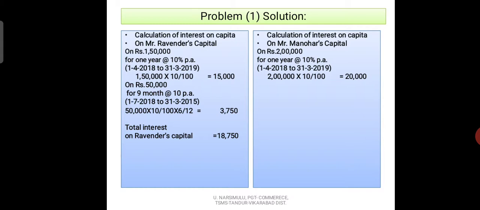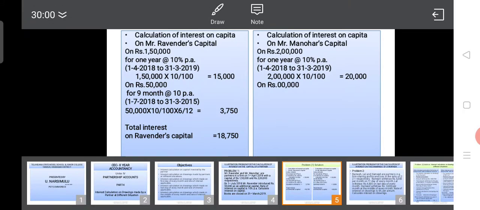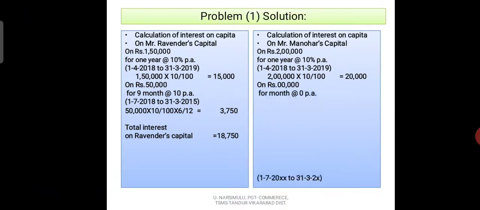No. Here Mr. Manohar didn't give any additional capital to the partnership firm. So no need to calculate interest on additional capital here. So 0 additional capital. For understanding point of view, I am giving all these figures on how to calculate interest on additional capital.